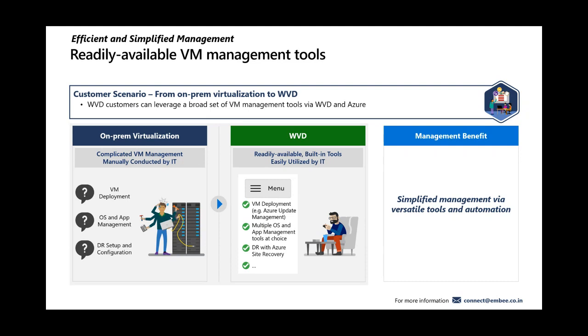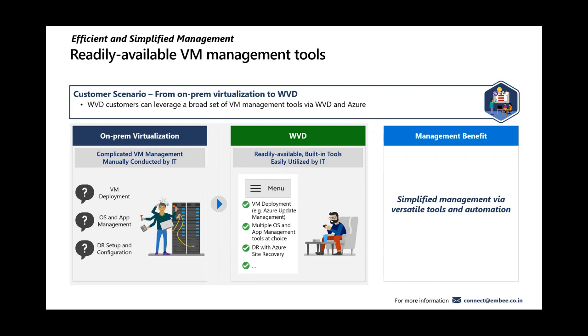You have all automated infrastructure available. You have the Azure update management tool available to manage your updates. You have scripts available to deploy multiple virtual machines in a single go. You have DR as a service available to automate your replication from the primary side to the secondary side.